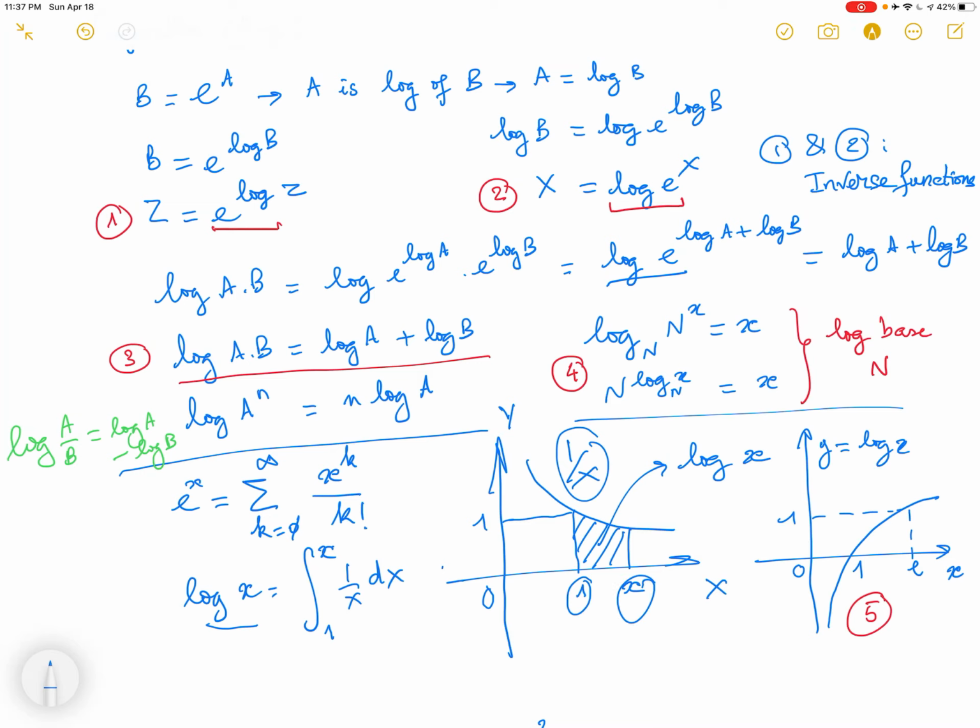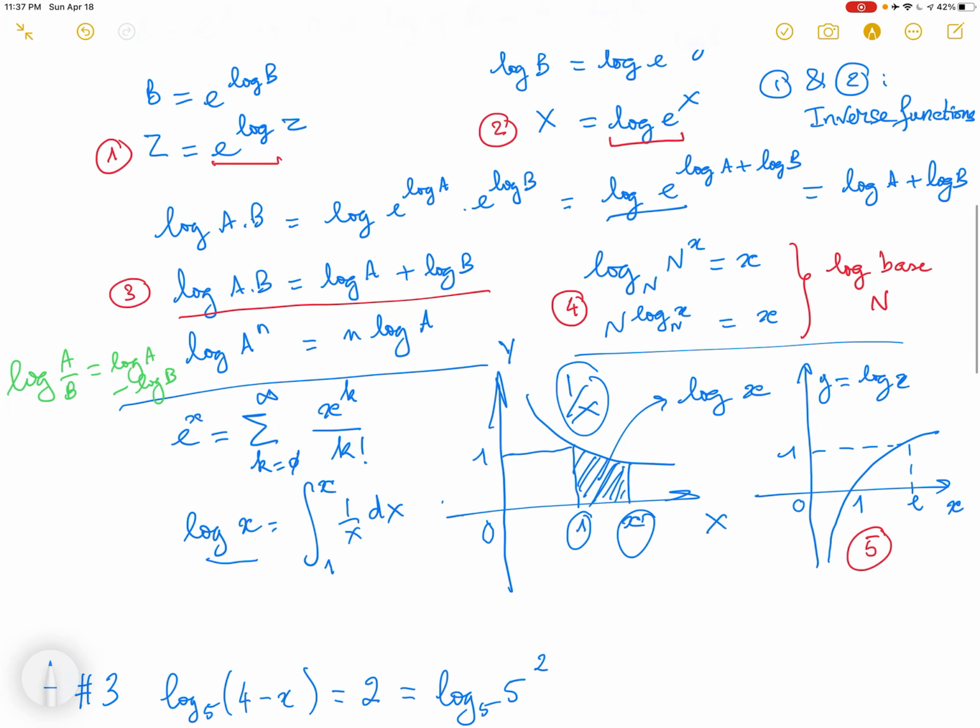The reason log of x is defined as such is that using the conventional way to integrate a function of the form x raised to the power of n, where n is equal to minus 1, or in this case x to the minus 1, which is also written as 1 over x, we cannot apply the general integration formula for x raised to the power of n when n equals minus 1.